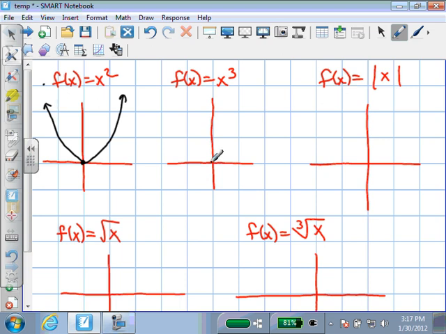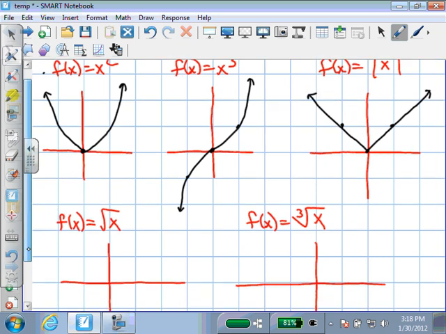X cubed, also coming through the origin, and 1, 1, and negative 1, negative 1, looking like this. Absolute value of x coming through the origin, and 1, 1, and negative 1, 1, with straight sides.